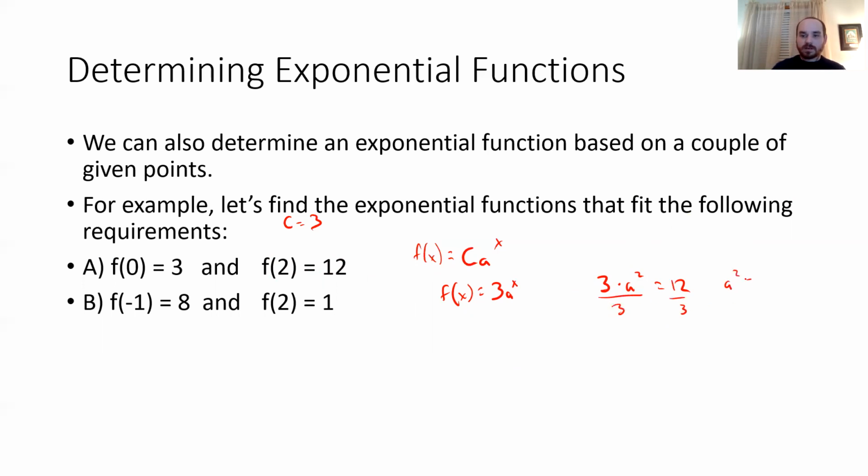So we get a squared equals 4. And then we take the square root. Those cancel. And we have a equals. Now, from previous chapters, we've talked about this could technically be positive or negative too, but I already told you that you can't have a negative value for a. That doesn't work. So it's just going to be positive 2. So that means that our formula for a is f of x equals 3 times 2 to the x.